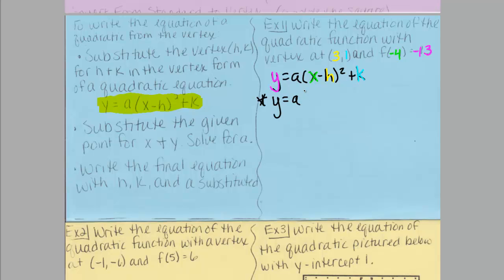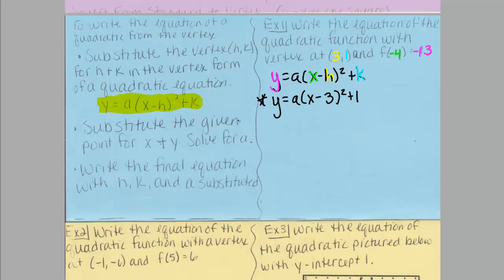Y is equal to a(x minus, and instead of h, we're going to put the 3. Replace the yellow with the yellow. And plus 1, because we're going to replace the blue k with the blue 1. This is where you will plug the A back in.